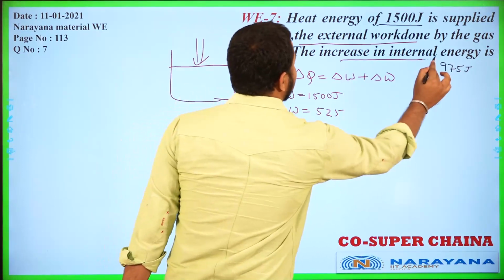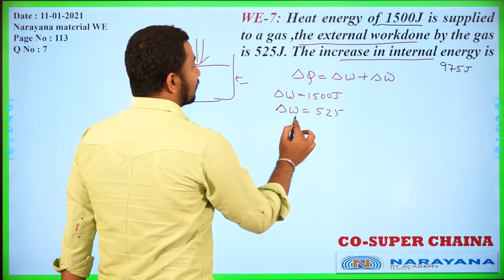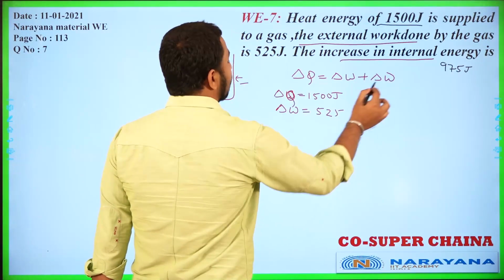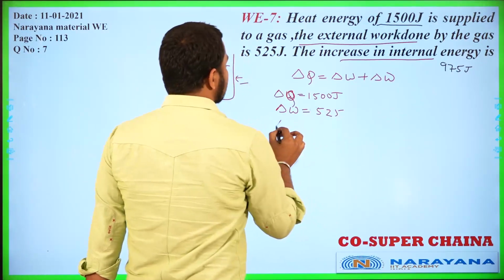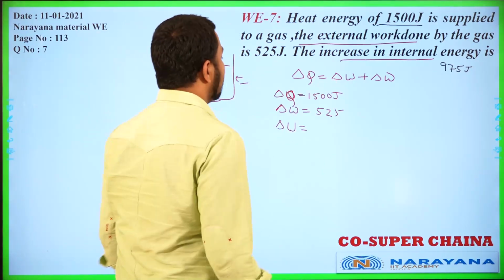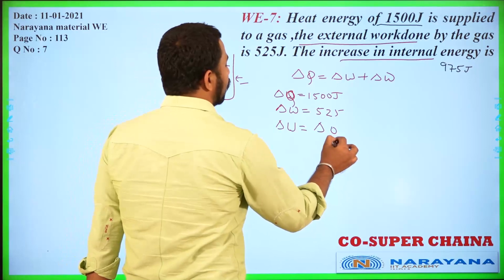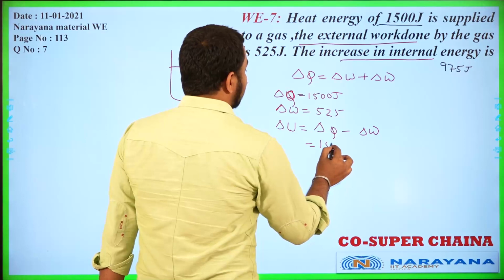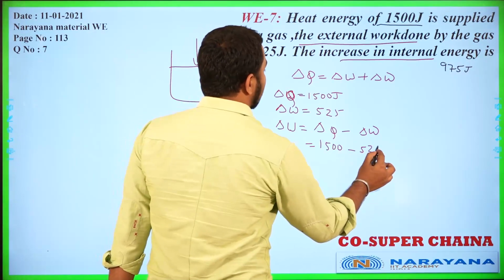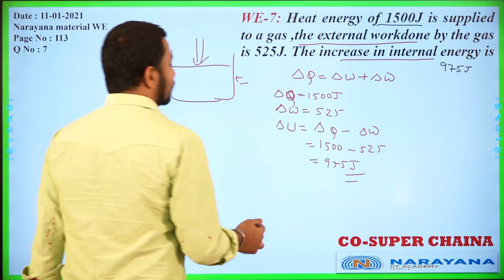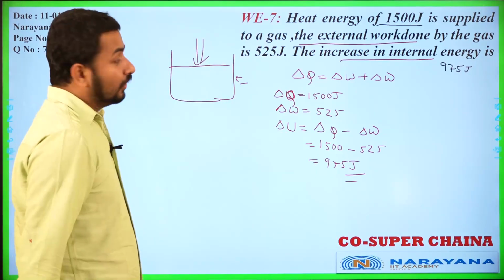You need to find the increase in the internal energy, that means delta U. Delta U will be delta Q minus delta W, 1500 minus 525, and the answer will be 975 joule. That will be the answer of this question.